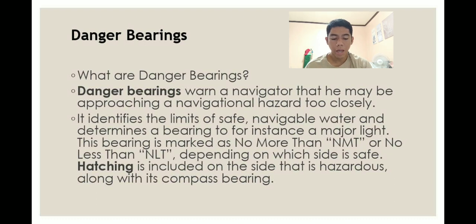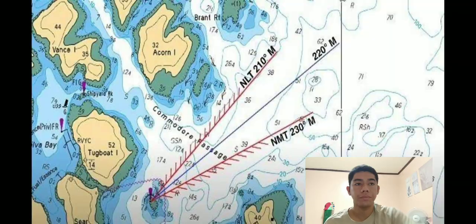To show which side is safe, hatching is included on the side that is hazardous along with its compass bearing. If you see the picture example, you can see the red lines, which are the shallow part, then these blue lines will be the safe passage.